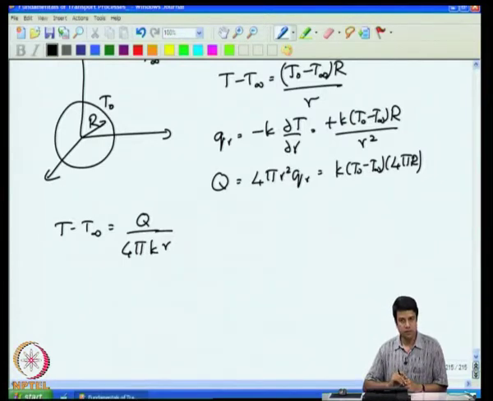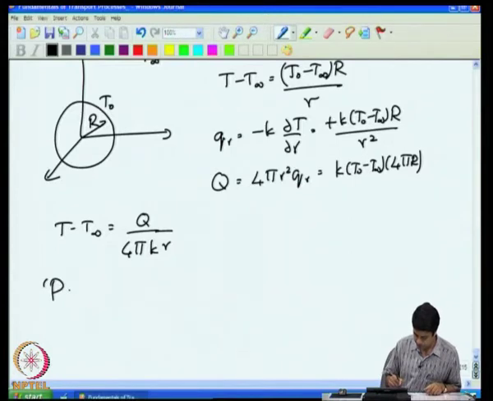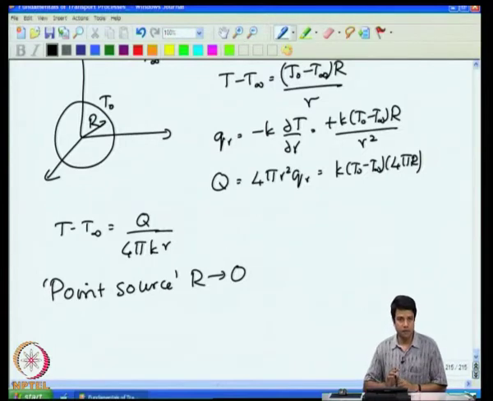Therefore, this solution is also valid in the limit as the radius of the particle goes to 0, that is, the particle shrinking to a point, a point source, provided you take the limit of r going to 0 while keeping q fixed. So, if you keep q fixed and take r going to 0, this solution is still valid.